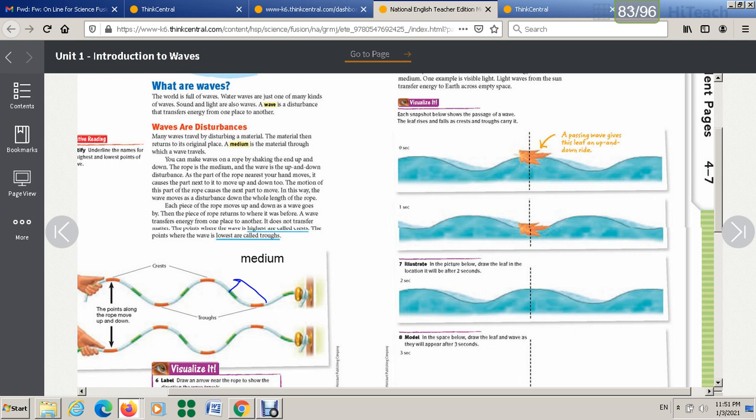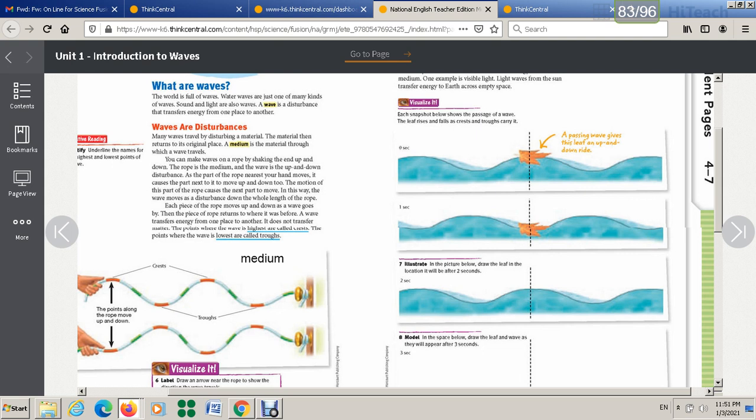Okay, so as you see, the motion of this part of the rope causes the next part to move. In this way the wave moves as a disturbance down the whole length of the rope. To understand more about the waves, as you see here, each piece of the rope moves up and down as the wave goes by.